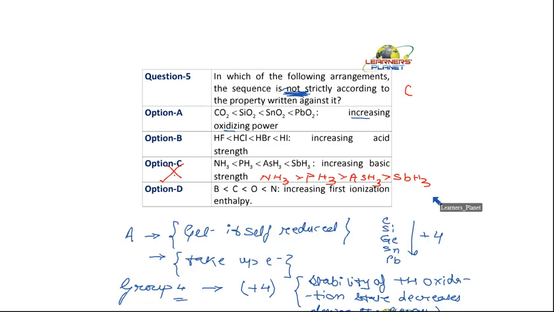So whose ionization energy would be maximum over here? Nitrogen. There is one more factor affecting the ionization energy, that is the half-filled or full-filled orbitals. The half-filled or full-filled orbitals are highly stable. So boron has less ionization enthalpy than carbon, then oxygen and then nitrogen. So this option is also correct.